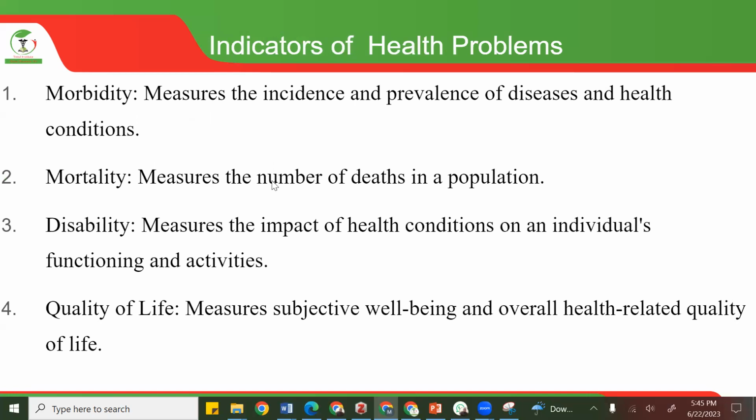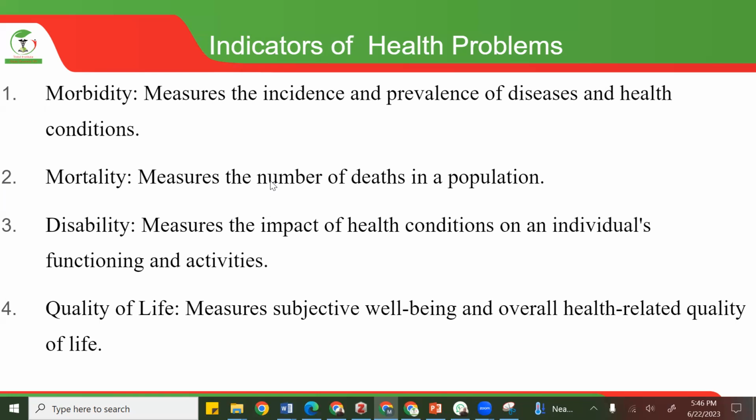And then now we look at the indicators of the health problems. For example, you want to describe the extent to which the health problem exists within the community. We talked about who is being affected, but how many people within a particular community are affected by the health problem?